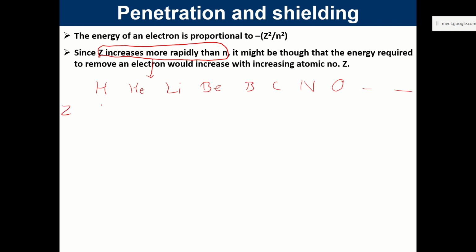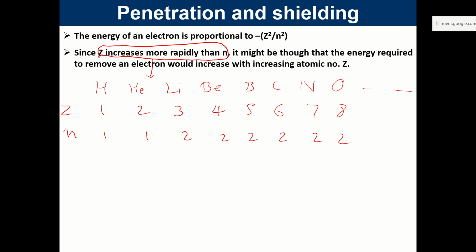Z क्या है? Z is 1 2 3 4 5 6 7 8. How does n change? Look at the last electron. Where does it enter? 1 1. Last electron in the n value 2 2 2 2.